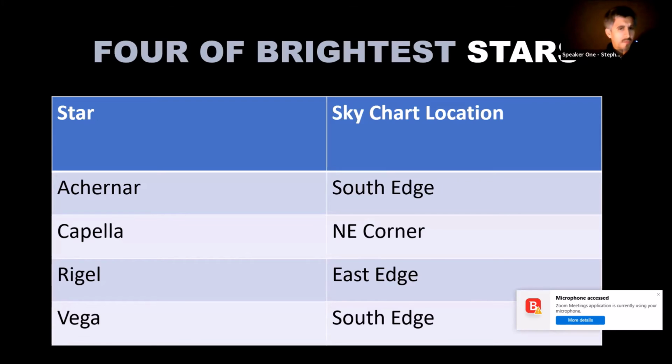So Vega is probably the brightest one on this list. I was able to see Vega, and I can point it out to you in the sky. It's going to be in the northwest corner, going towards the middle of the chart. And then Rigel also is very visible. You'll find it on the east edge of the chart.